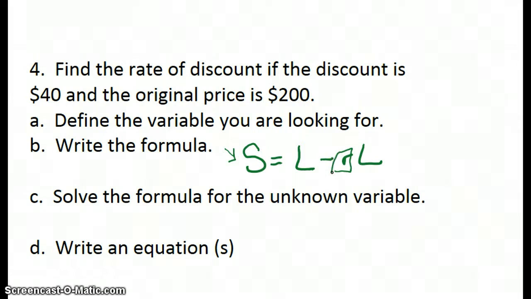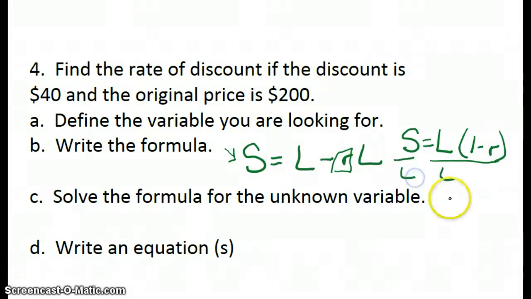Remember I told you you don't have to do this, but if you wanted to, what you would do is you would factor out the big L. So you'd get S equals L. What's left here is 1. What's here is minus R. And if we're solving this for the rate, we divide both sides by L. And we get that S over L equals 1 minus R. We would subtract 1 from both sides.